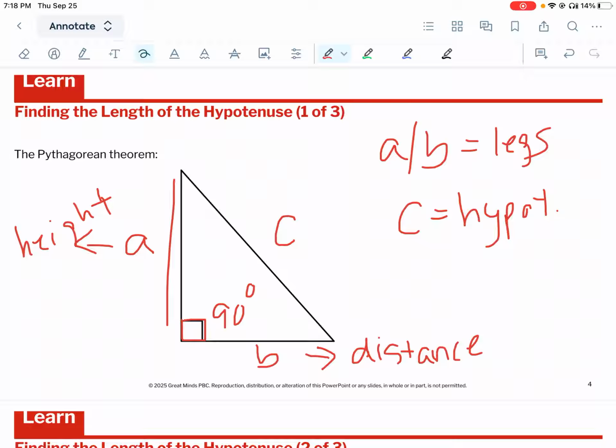C can be thought of as not just a hypotenuse, but depending on the scenario, it can be thought of as a line of sight. Or it can be thought of as distance at an angle, like if I was looking up to something from the bottom, or just a downwards measurement of something. Okay?